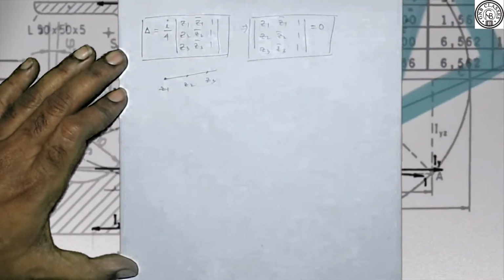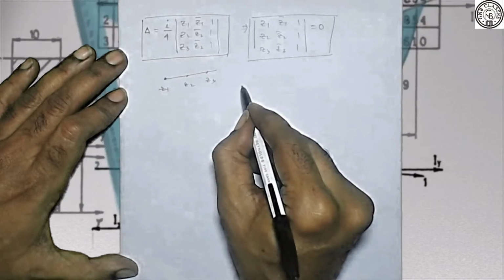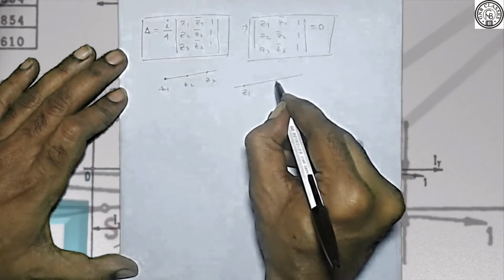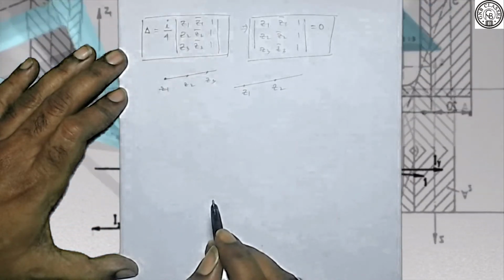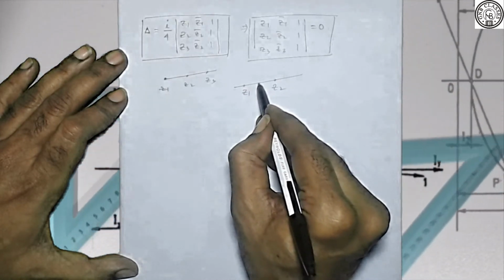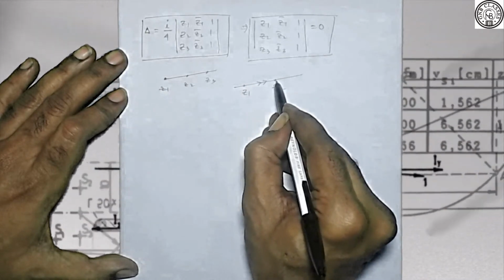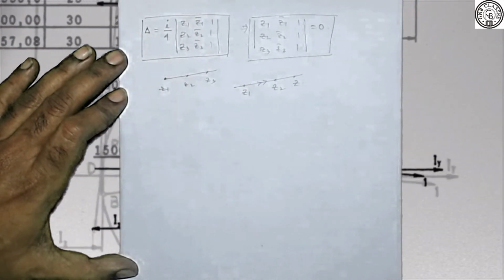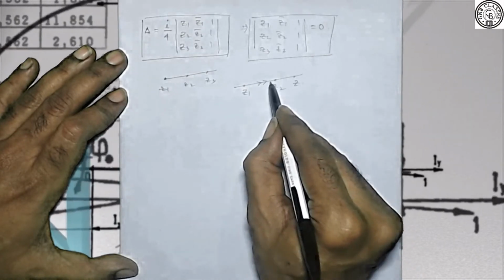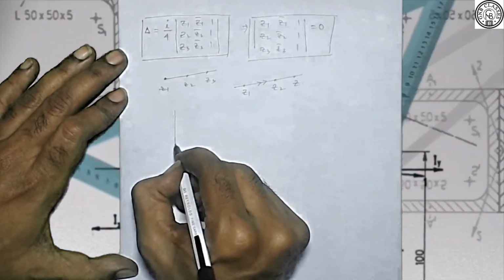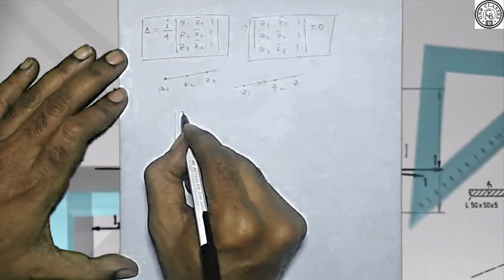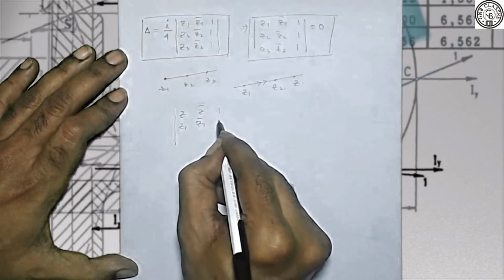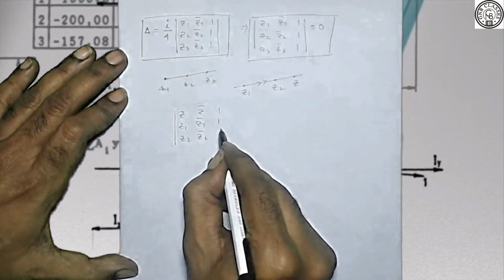As simple as that. Similarly, if I say find the equation of a straight line passing through 2 given points Z1 and Z2, what we will say is: let Z be any point on this line. Now the area of the triangle formed by these 3 points will be the determinant with rows Z, Z bar, 1; Z1, Z1 bar, 1; and Z2, Z2 bar, 1.